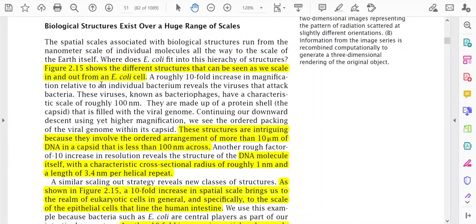Suppose we have our standard E. coli cell, and a roughly 10-fold increase in magnification relative to an individual bacterium reveals the viruses that attack bacteria. That means, starting from the E. coli system, you are zooming in with a 10-fold increase in magnification.